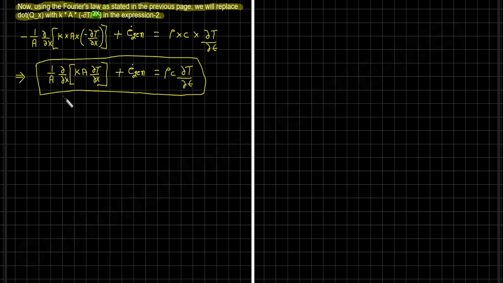Alright, so after simplifying this expression, we have the heat conduction equation in one dimension, which is a partial differential equation, where A is the area perpendicular to the spatial position x.